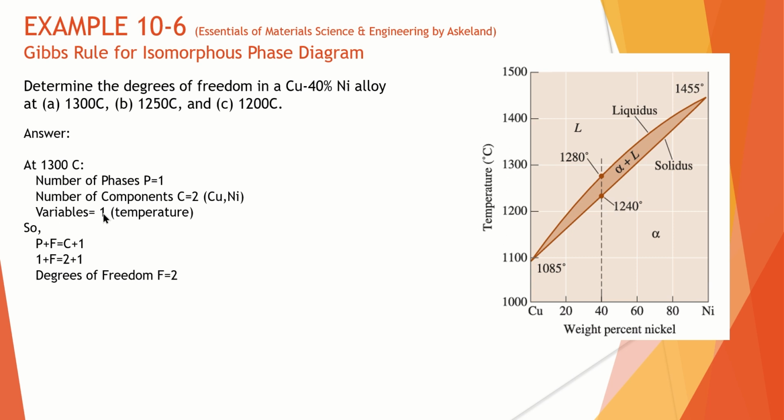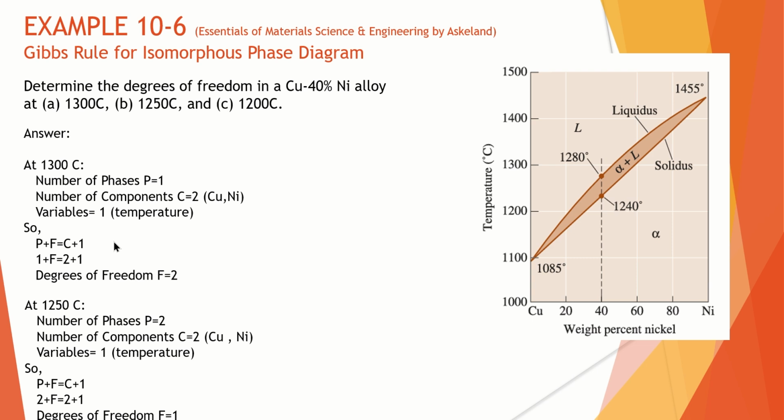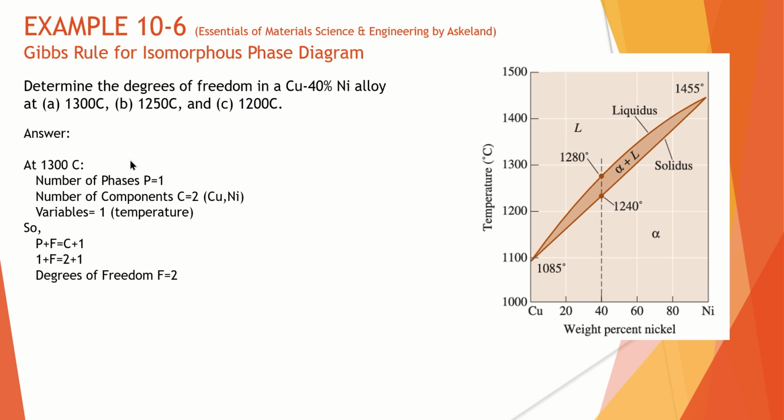So the number of variables is equal to 1. After putting in the values, P equal to 1, two components and one variable, we determine the degrees of freedom. After calculating, the degrees of freedom at 1300 degrees Celsius is equal to 2.